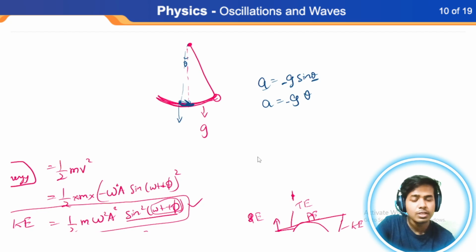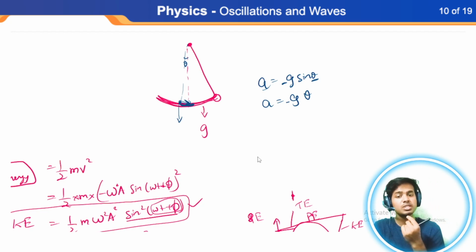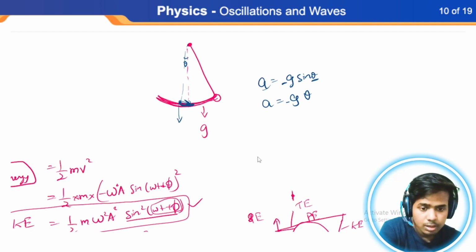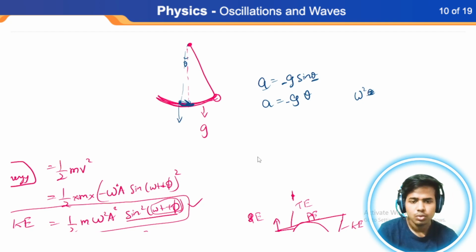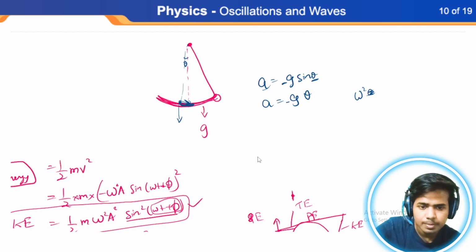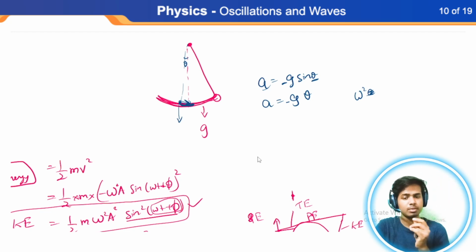Why I took negative here is because it is opposite to the direction of the acceleration, right? The theta. Now this looks something like omega square A, omega square, isn't it?